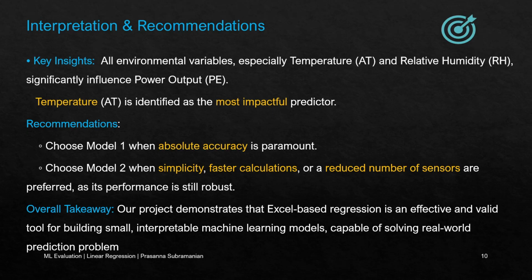The recommendation is, if you want more accuracy, we have to choose model 1, and if we want simpler and faster calculation, we have to choose model 2. Its performance is still robust, so that is the selection criteria: choose either model 1 or model 2 based on our requirement.